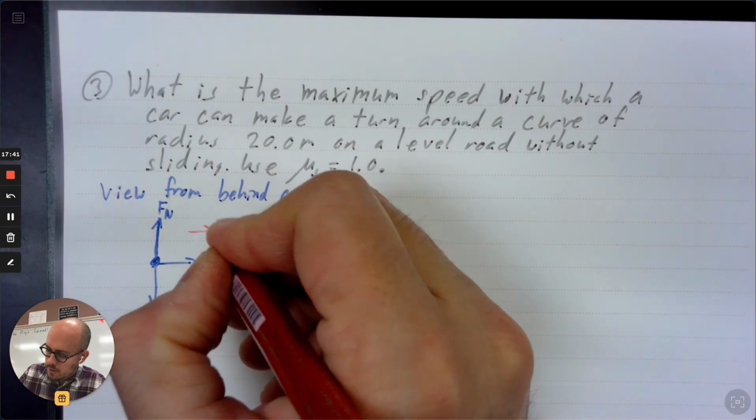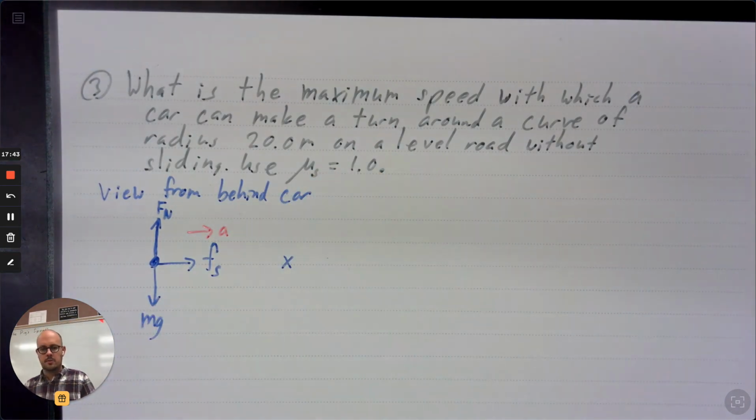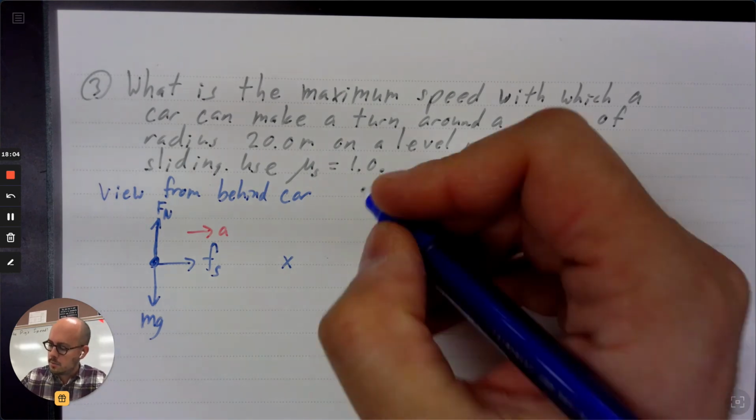So the acceleration is always going to point toward the center of the circle, and in the case of a car on a flat road, it's the force of static friction that's going to point the acceleration toward the center of that circle. So that's the diagram. Now let's get an equation up here, and then we'll deal with the concept of maximum speed.